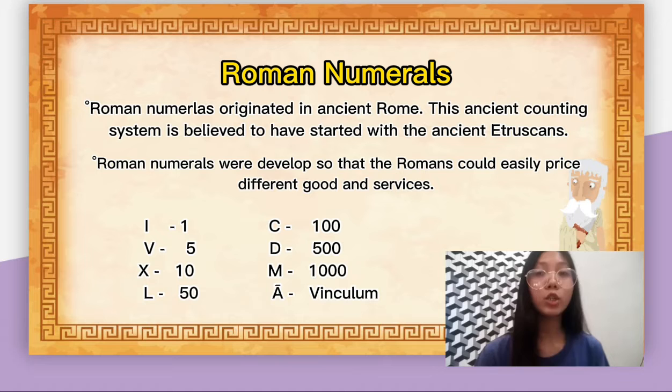The letters should be arranged from the largest to smallest if you are going to write Roman numerals, unless it must show a lesser numeral. For example, we have the number 4. You can't repeat the letter more than 3 times.